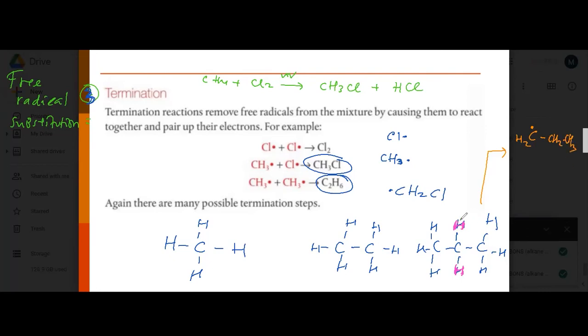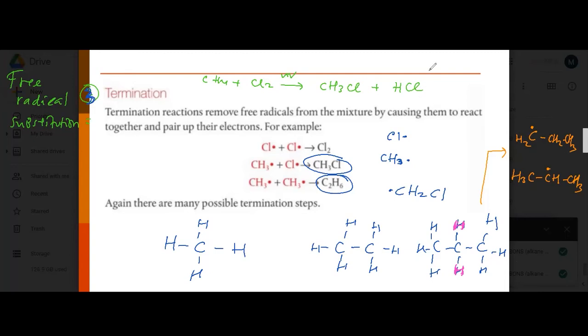But when the pink one, the second environment hydrogens, is attacked, this will form the isopropyl free radical, right? So you can see there are two types of free radical produced here. Why? Because there are two different environments of hydrogen. So the types of free radicals will increase if the environments of hydrogen increase.